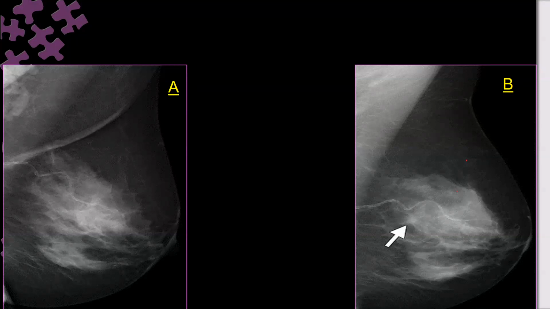All of us as radiologists, if we have said anything, we have to defend ourselves. There is a large lymph node in the axilla seen in A, not seen in B. So they might cover the axilla in one, but not cover it well in the other. There is a spiculated lesion more obvious in B. So what does it mean? That means A is the first and B is the second.